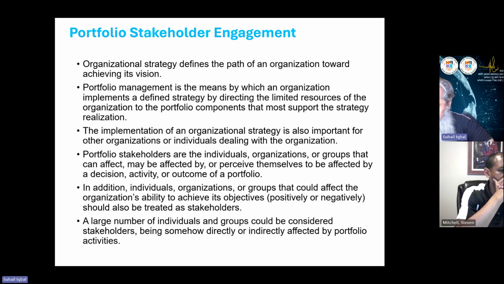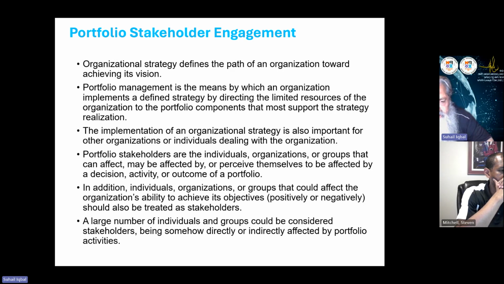Whatever the portfolio we are doing, a portfolio stakeholder is the one who is somehow affected by our portfolio, or can affect the consequence of the portfolio. So he has to be a key portfolio stakeholder to affect the consequence of the portfolio.